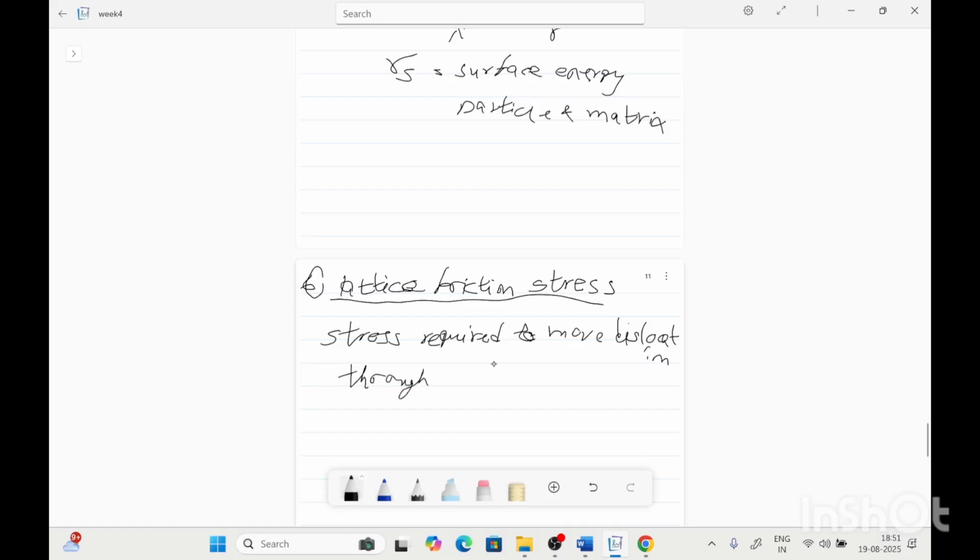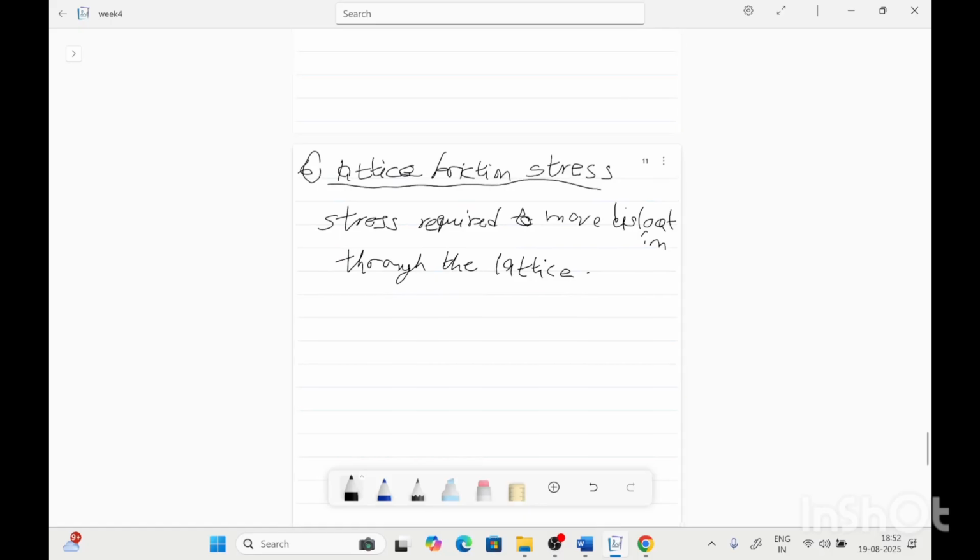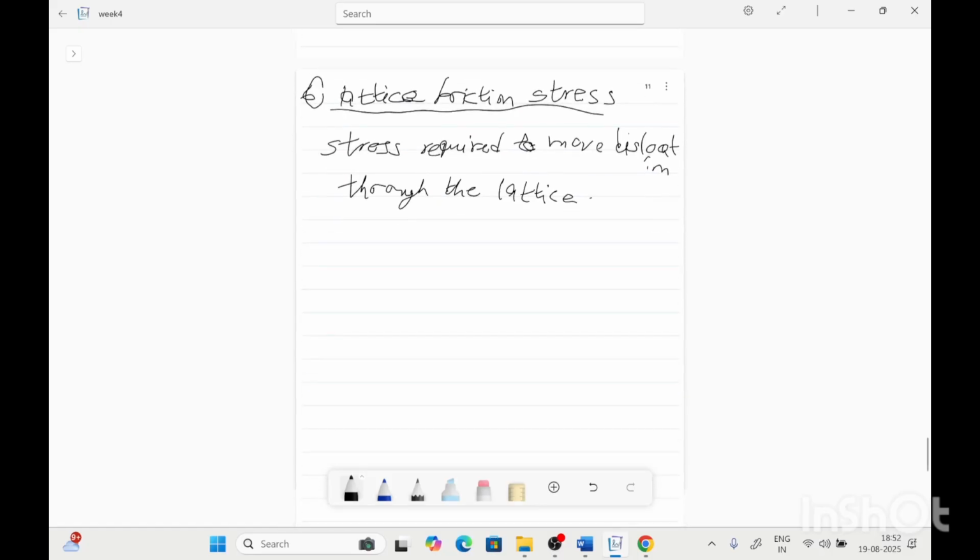It means during the motion of the dislocation, the lattice friction is also felt by this dislocation. So this will always be present, whether there is precipitate or no precipitate. The lattice friction will always be there.